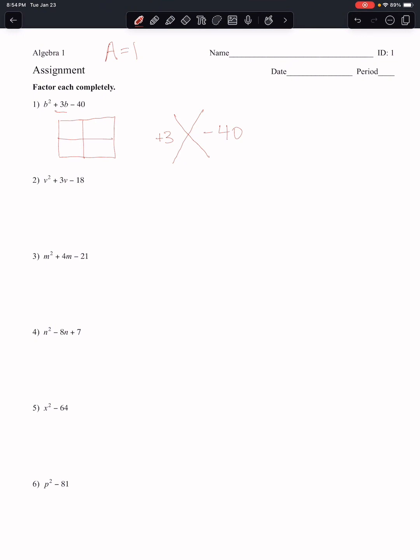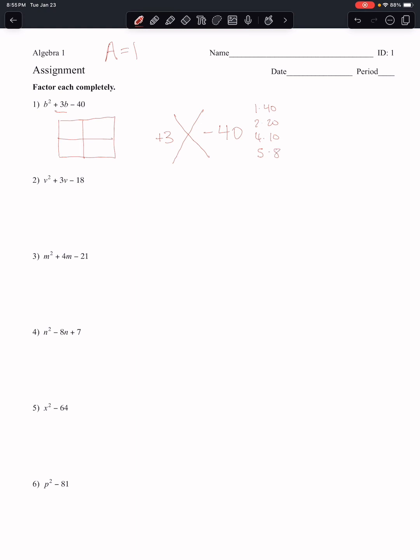Now we have to figure out what multiplies to give us negative 40. Remember, you got to make your list: 1 times 40, 2 times 20, 4 times 10, 5 times 8.